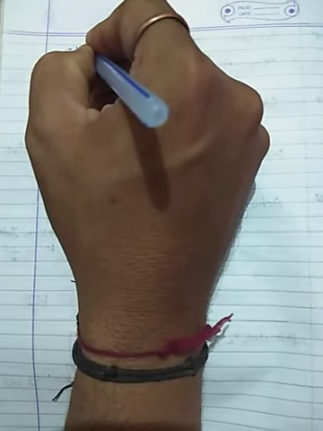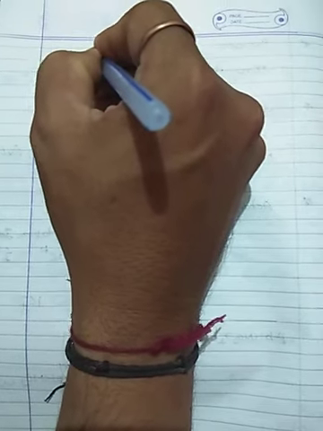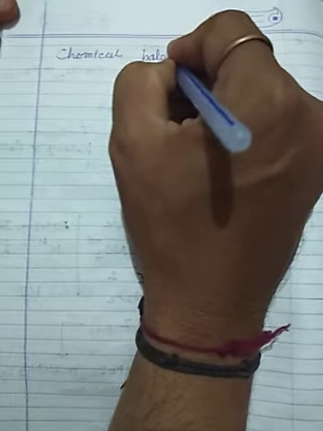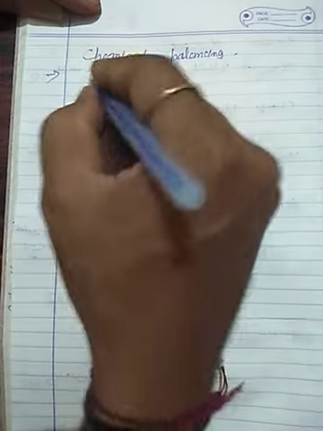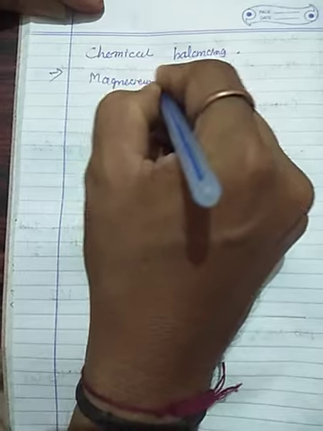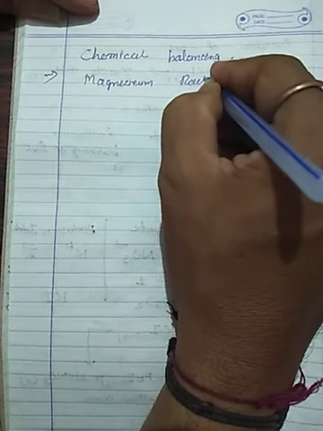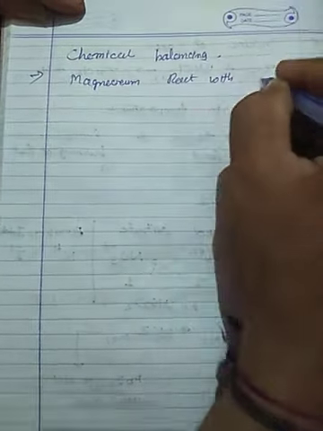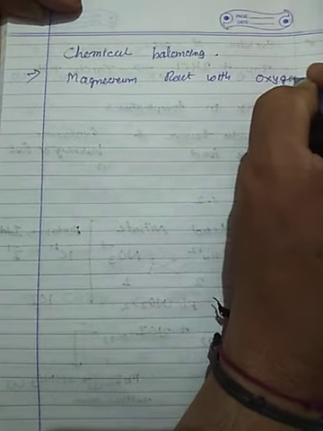The first example given in our textbook, chemical balancing, in which they give us data that magnesium reacts with oxygen.